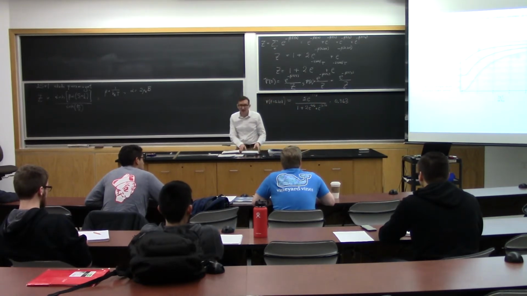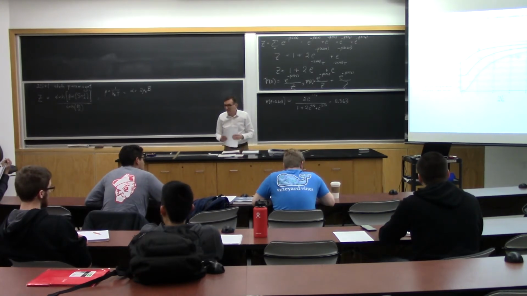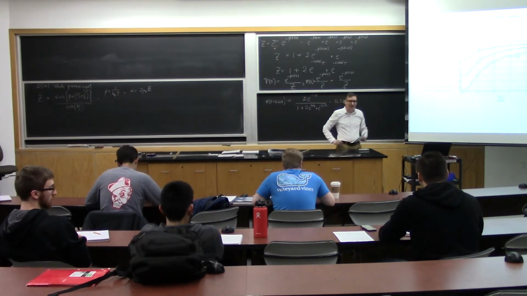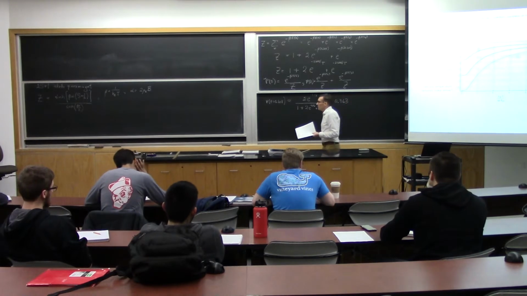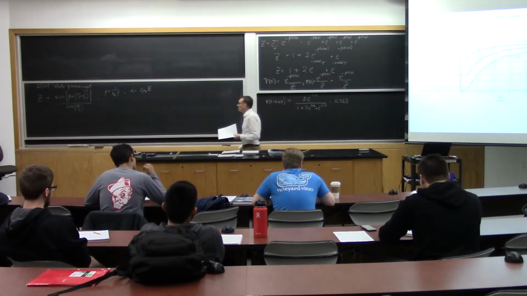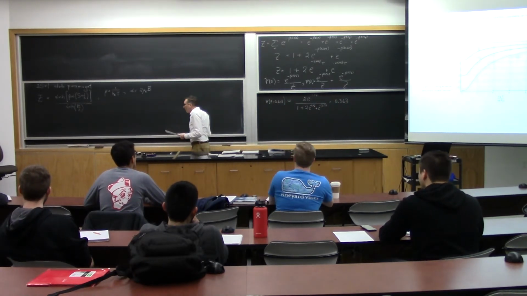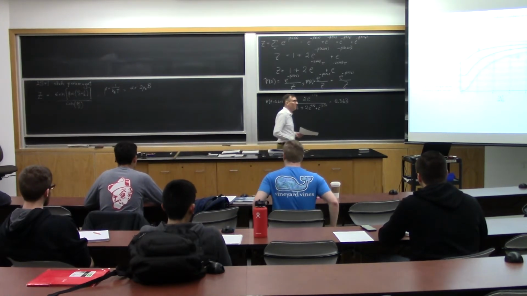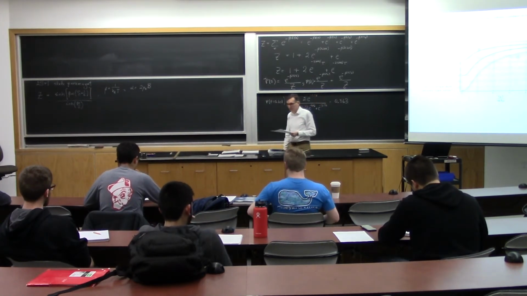Okay, I think that's where I left off before the quiz. And there's one more thing I want to calculate out of this 2s plus 1 state paramagnet. Since we've worked so hard on it, we might as well get as much as we can out of it. What is the so-called magnetization of the paramagnet as a function of temperature?